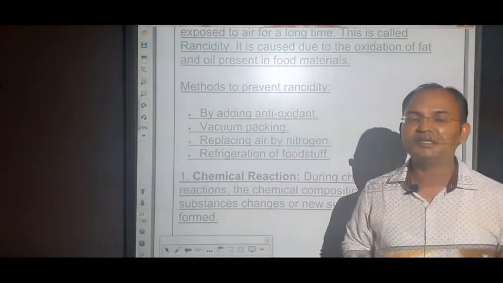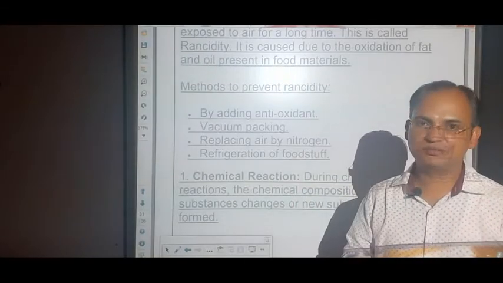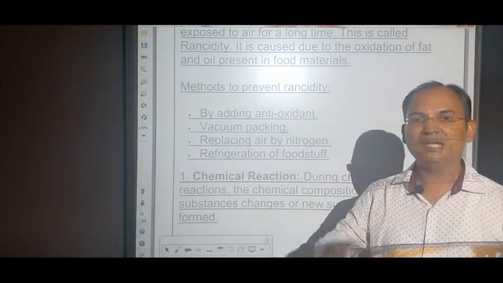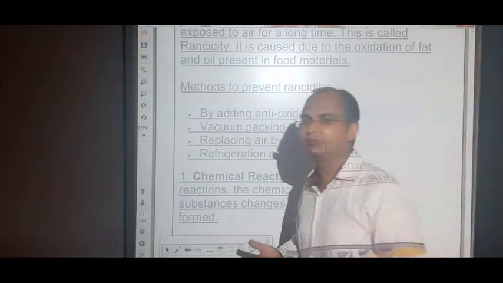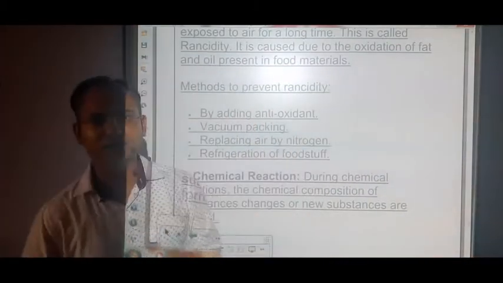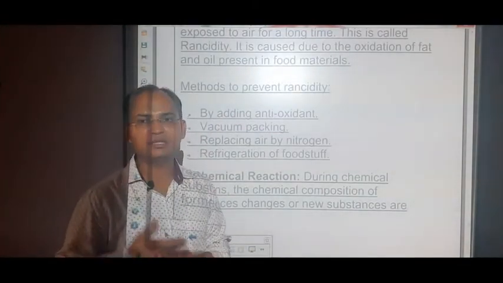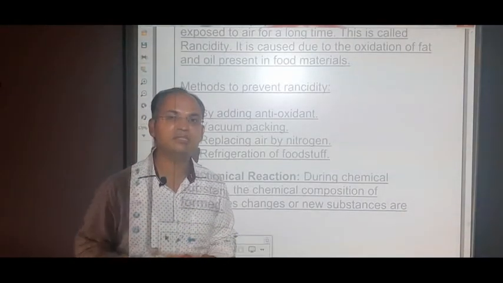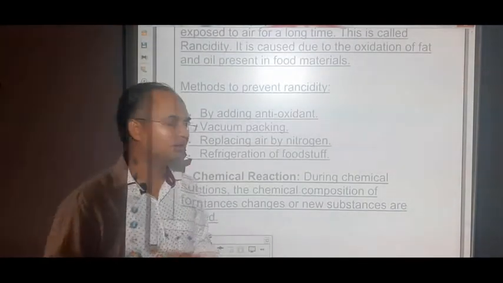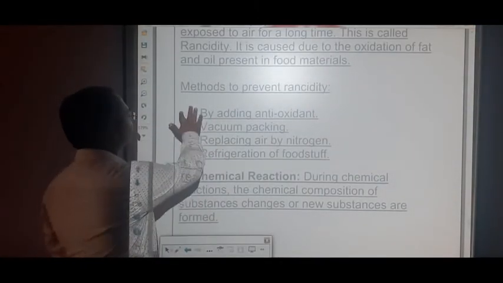Antioxidants are substances which do not let the substance react with the oxygen, or which themselves combine with the oxygen, so oxygen is not left over for reaction with the fatty substances. So if we add antioxidizing substances in food material, then rancidity will not occur and the fatty substances will not get easily oxidized. The first thing, by adding antioxidants.